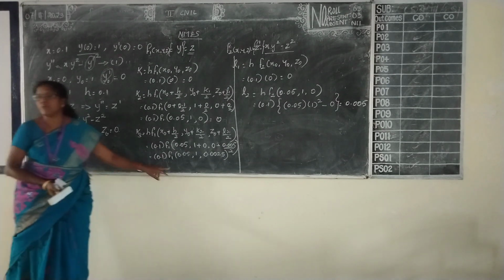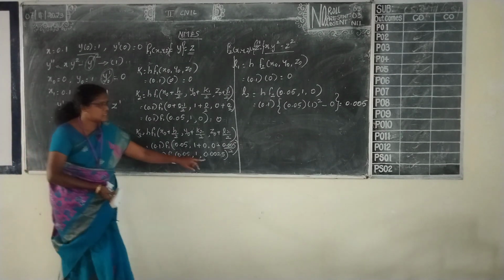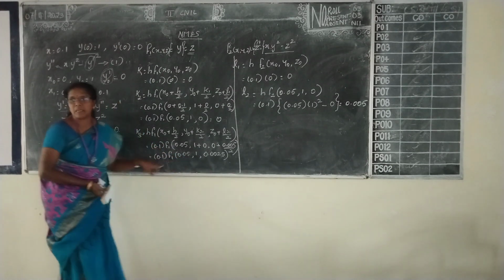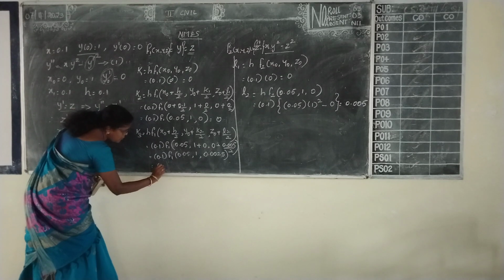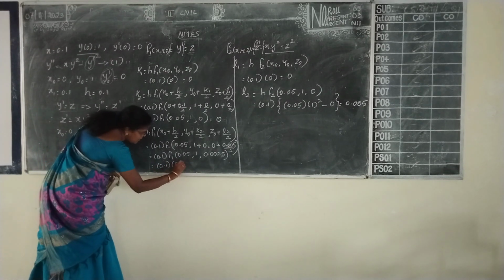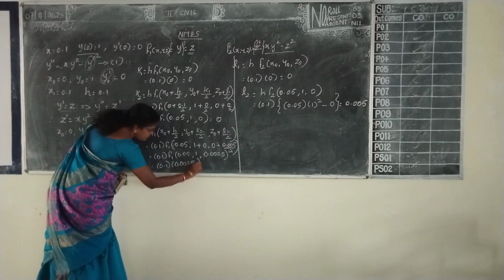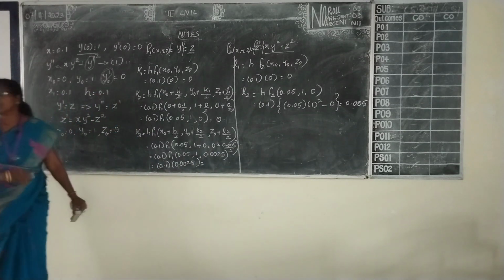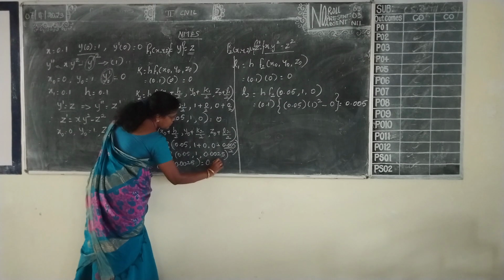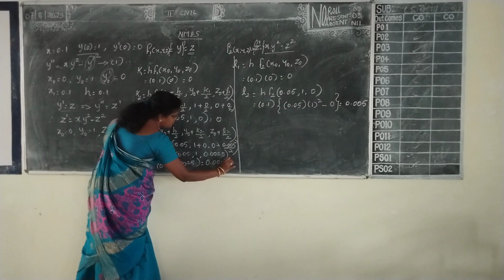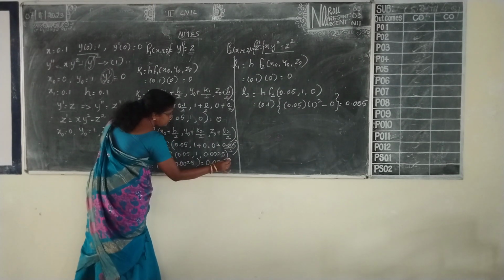So what is the F1? It is Z. So I replace Z with this value, but it is multiplied by 0.1. So this is 0.1 into 0.0025. How many zeros? 3 zeros and then?